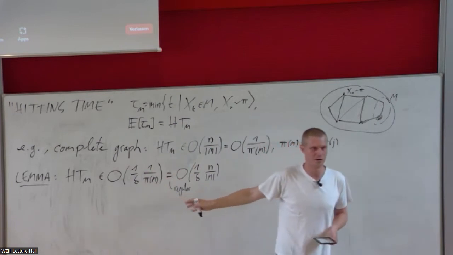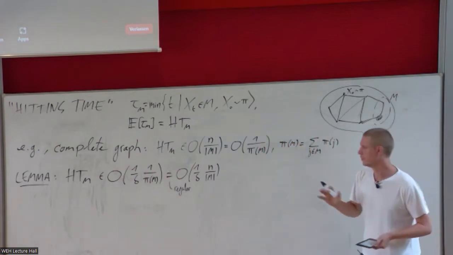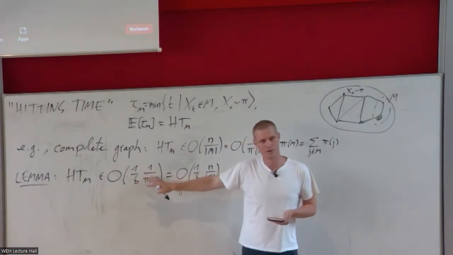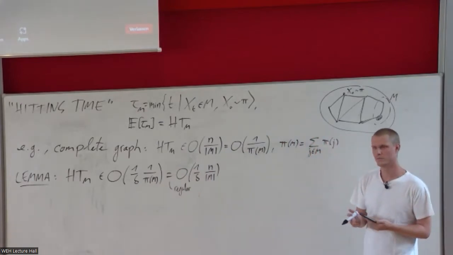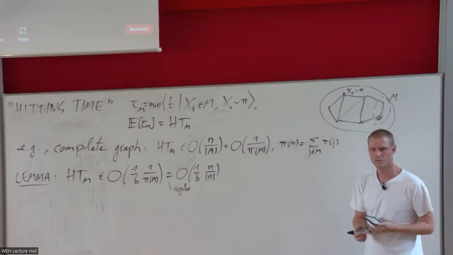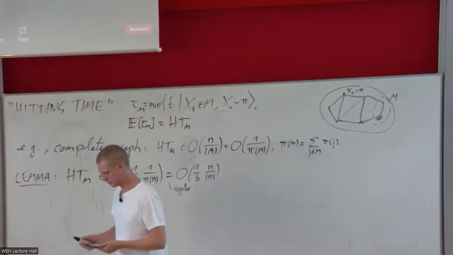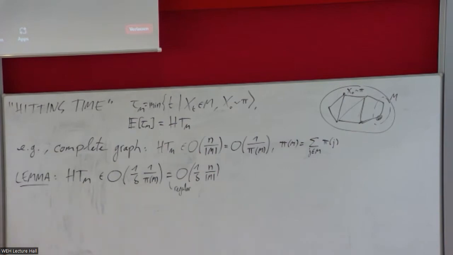Try to parse that for a second, and maybe if somebody has some intuition about why this would be a bound on the hitting time, please speak up. Does anybody have a guess?